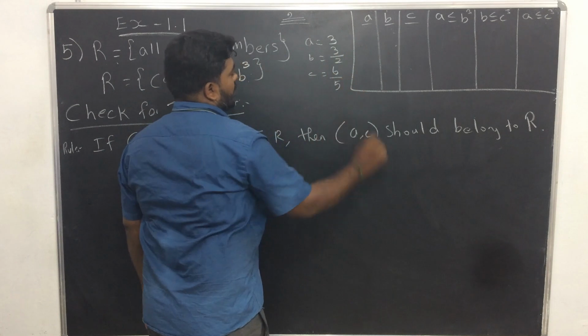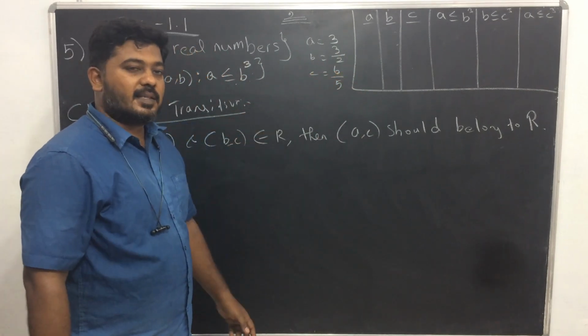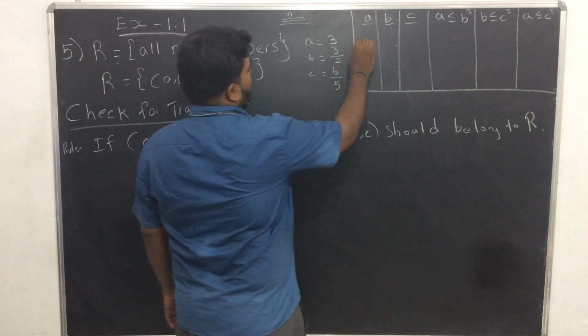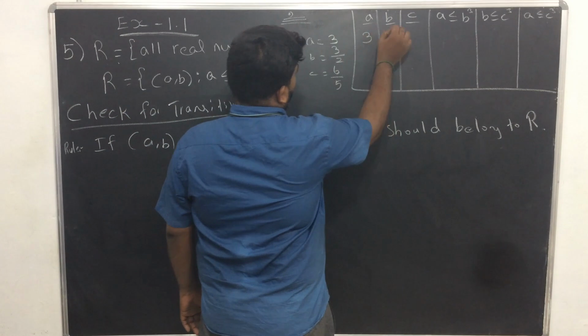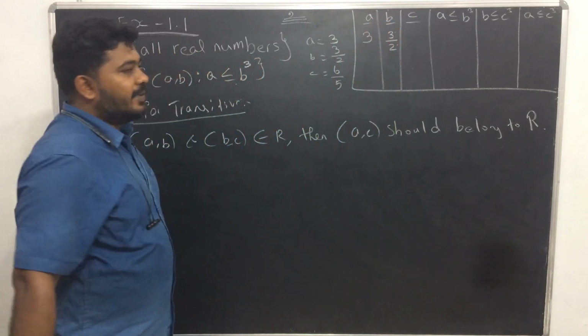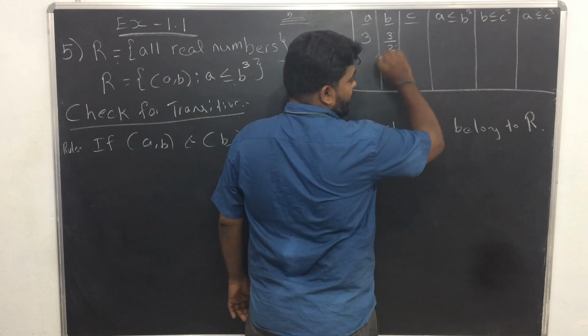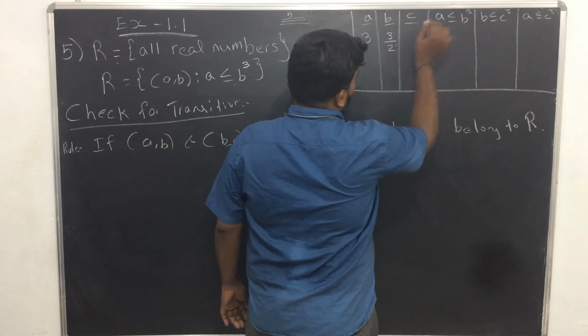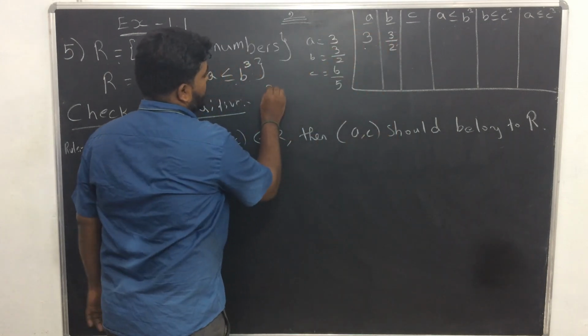and C be 6 by 5. A is 3, B is 3 by 2, and C is 6 by 5. Okay, for 3 and 3 by 2, let's take A comma B and see if it belongs to the relation. The condition for the relation is A has to be less than or equal to B cube. So 3 is less than or equal to 3 by 2 the whole cube. How do we check?